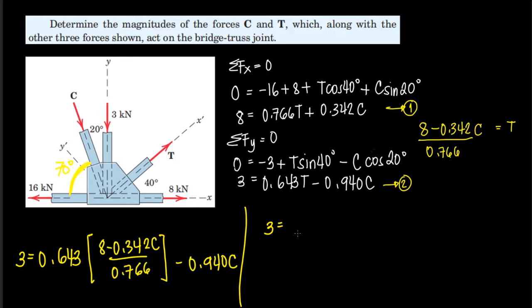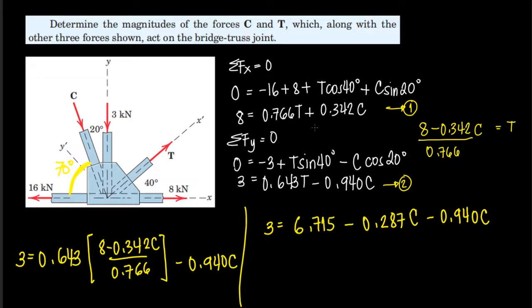Okay. We have 6.715. Okay. Minus. So, 0.643 times 0.342. That is 0.287c. Okay. Minus 0.940c. So, combine like terms, all the constants and all those with variables.